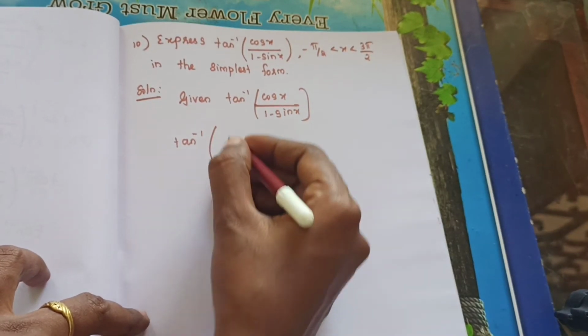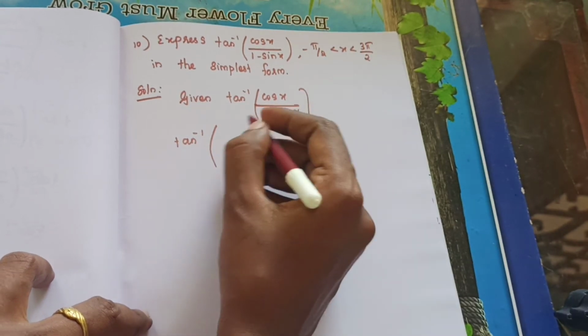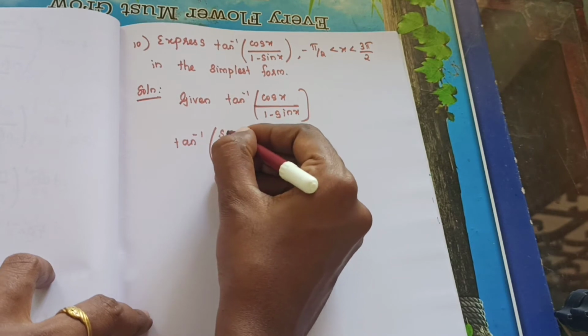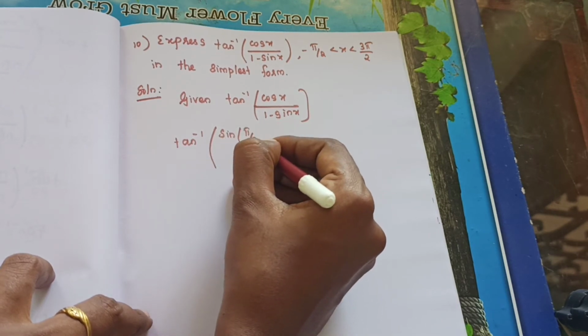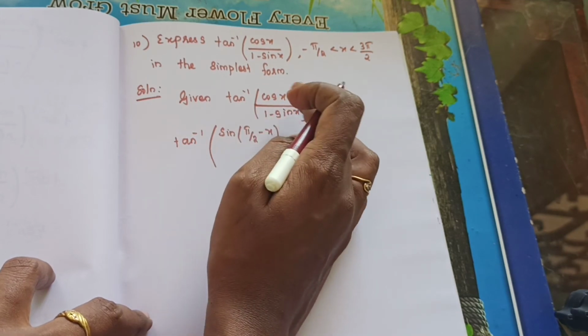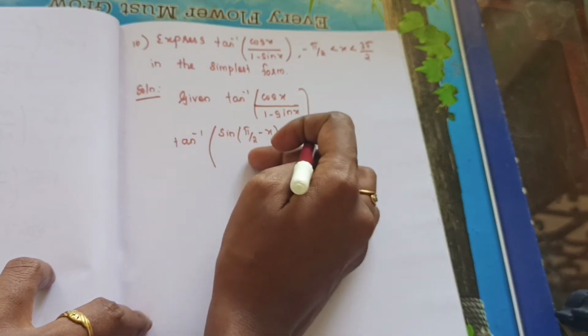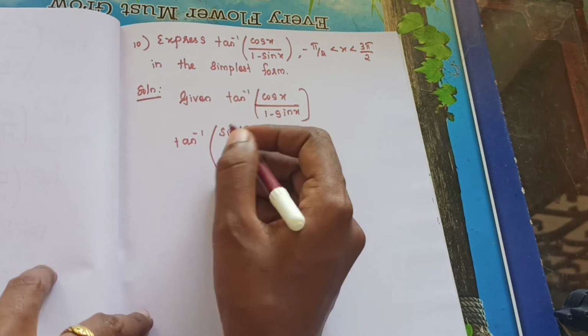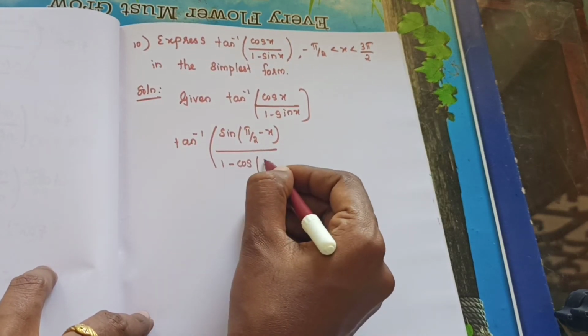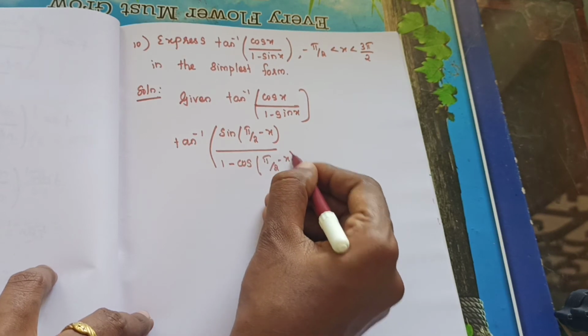Cos can be written in terms of sin. So how will you write? Sin of 90 minus theta. Correct? Do you remember? Sin of 90 minus theta is cos theta. So cos x can be written as sin of 90 minus x. 90 is the same as pi by 2. Then same as that, 1 minus sin x can be written as cos of 90 minus x.